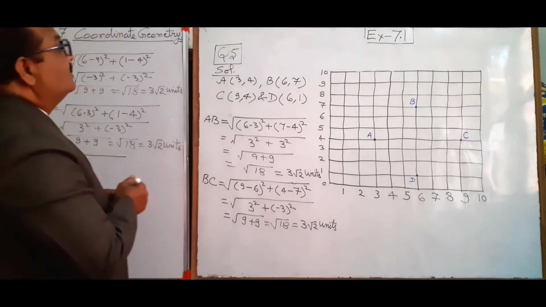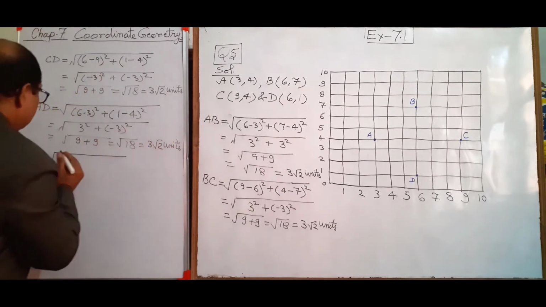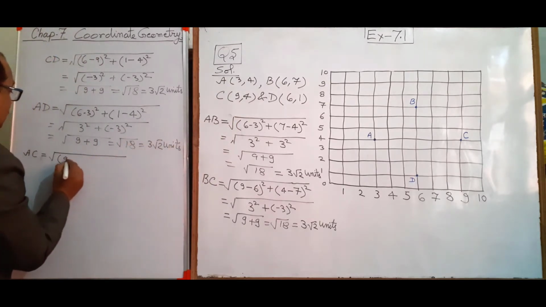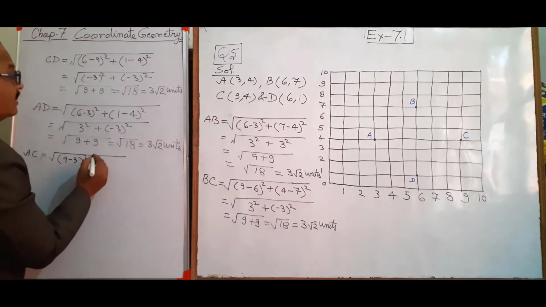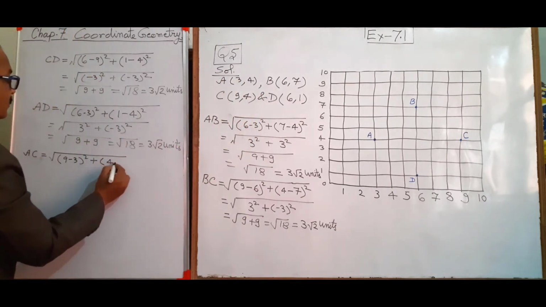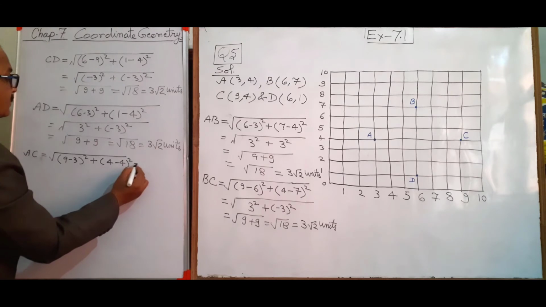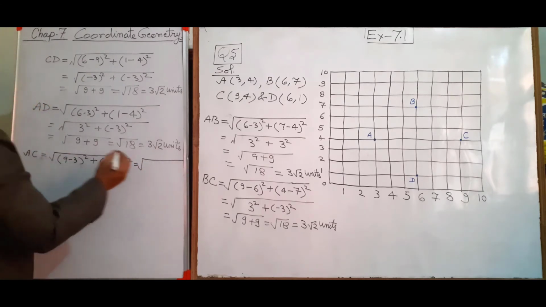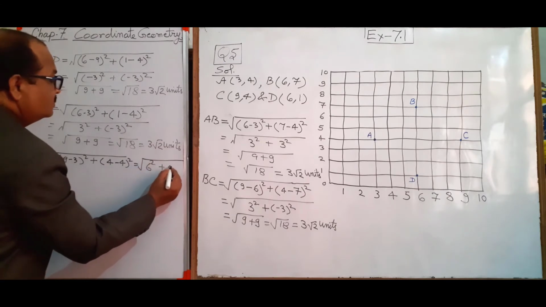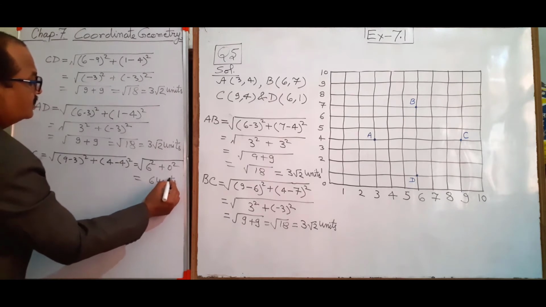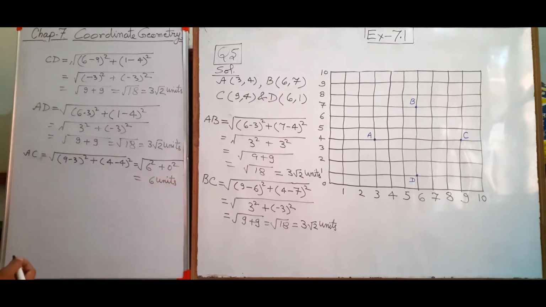So now see that distance AC: (9 minus 3) whole square plus (4 minus 4) whole square. You can write it as 6 square plus 0 square, it is coming 6 units. One more diagonal is BD.